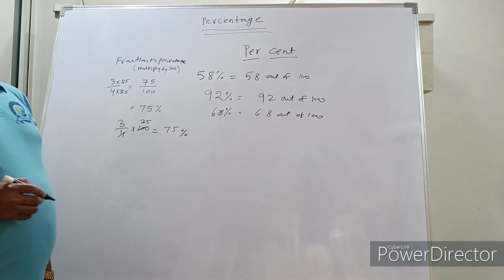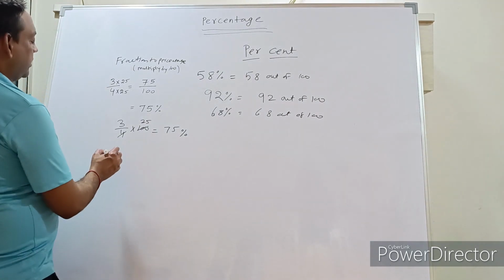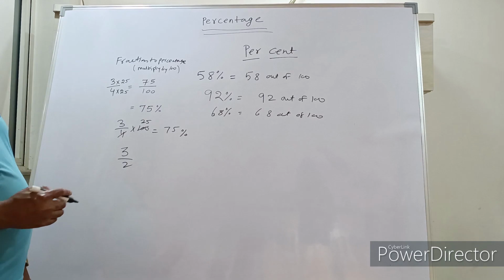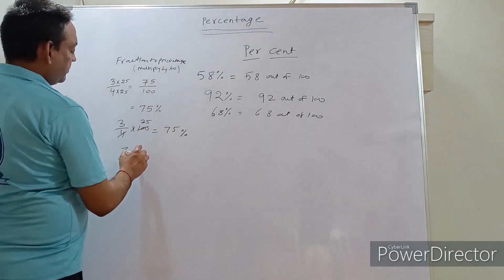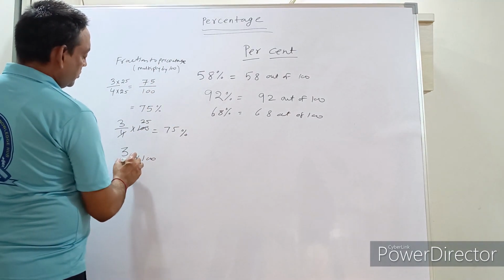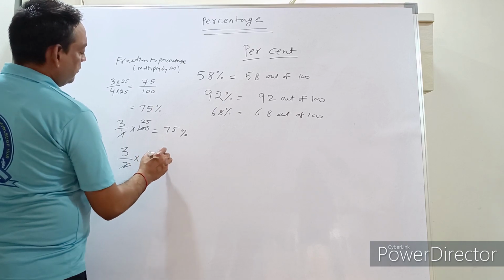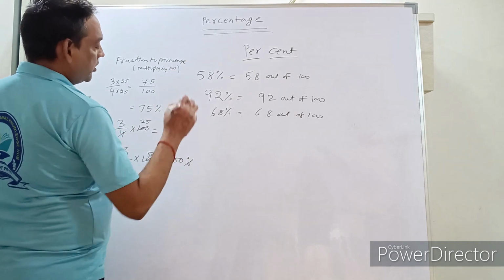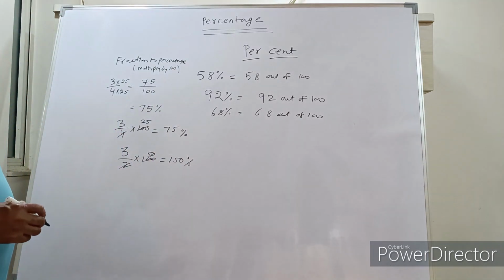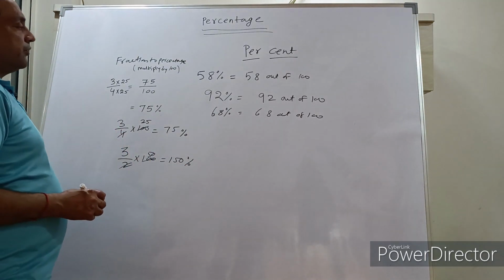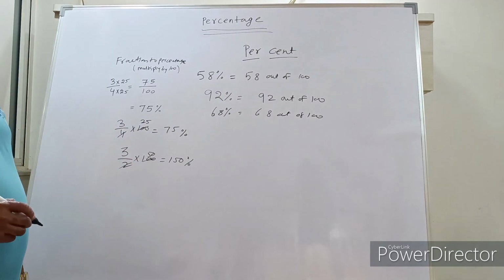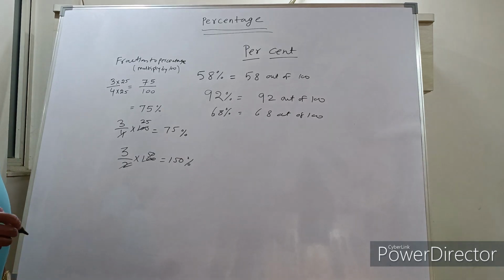So whatever number they given you, like 3/2, convert into percentage. So from fraction to percentage, multiply by 100. So 2 1s are 2, 50s are 50 into 3, 150%. Okay, so whatever fraction is given, you want to convert into percentage, so simply multiply by 100.